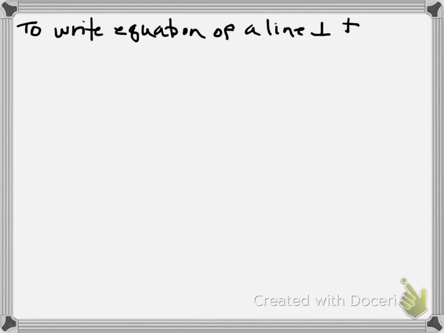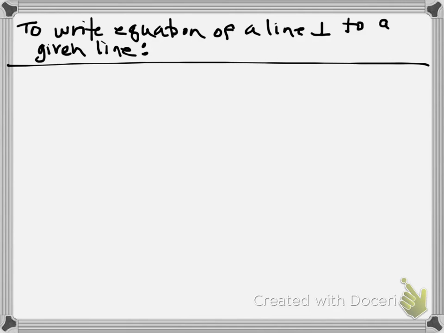The next thing you're going to do is actually write equations, and you've got 4. You're going to actually do 27 through 30, and then 26 has a special question. So to write equations of a line perpendicular to a given line, and that's going to be those last 4 questions and more what you're going to see on your test on Friday.